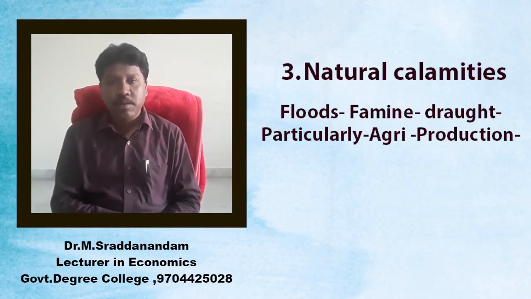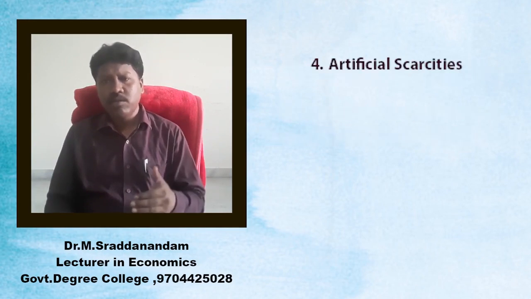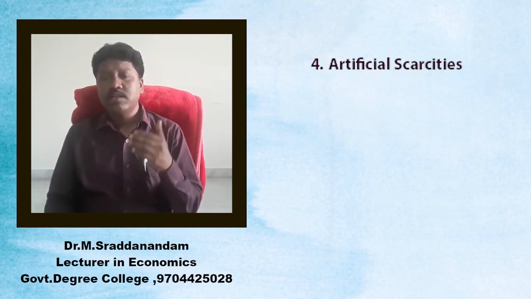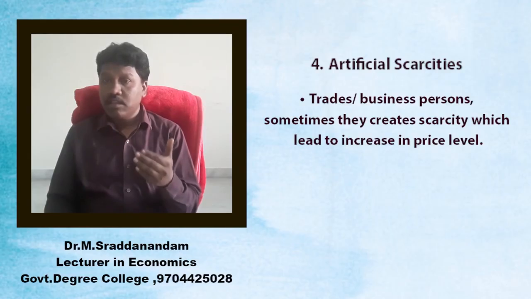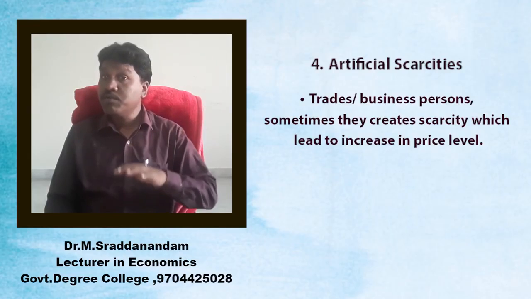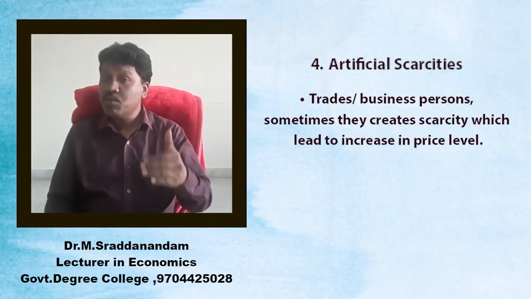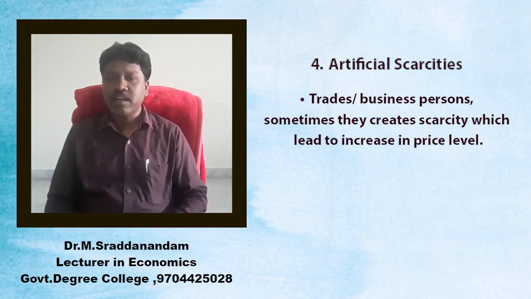Particularly in agriculture, if there are no rains and no good atmosphere for agriculture, the production and productivity of agriculture is going to decrease. That affects more the prices of agricultural commodities.